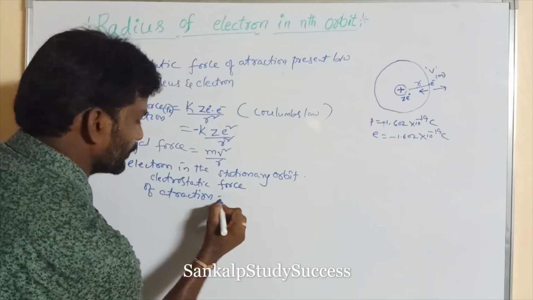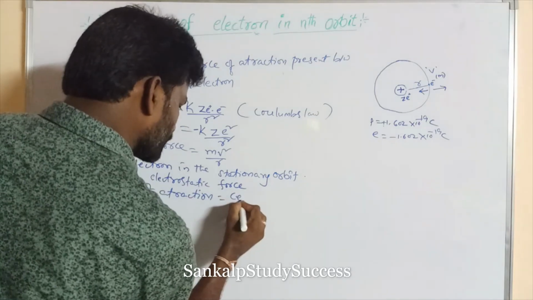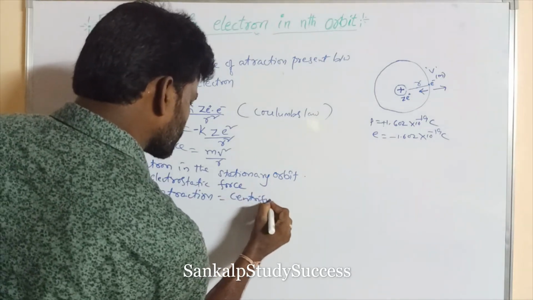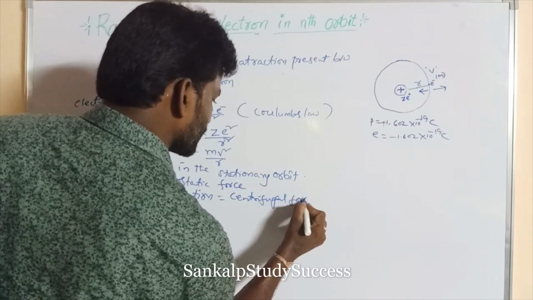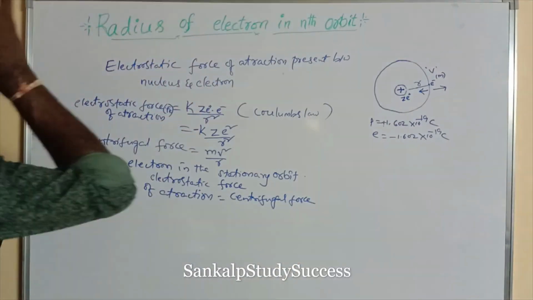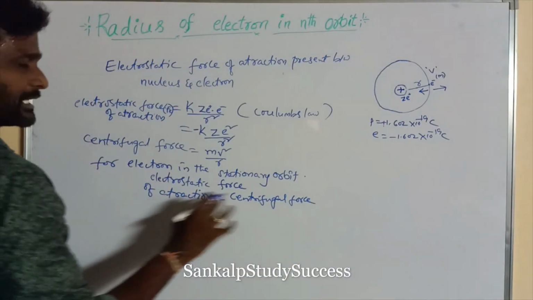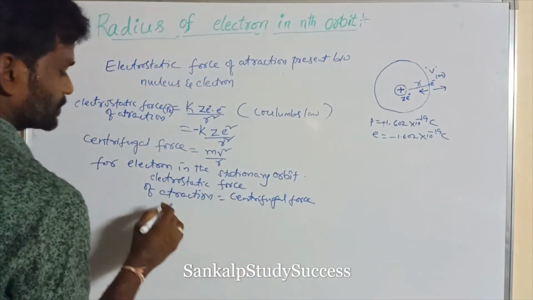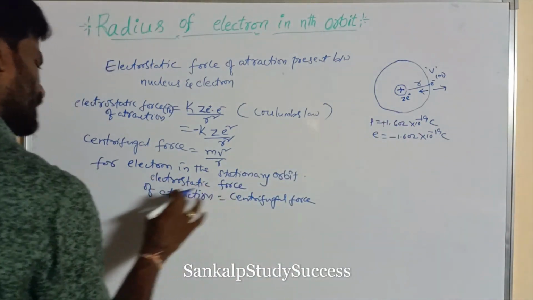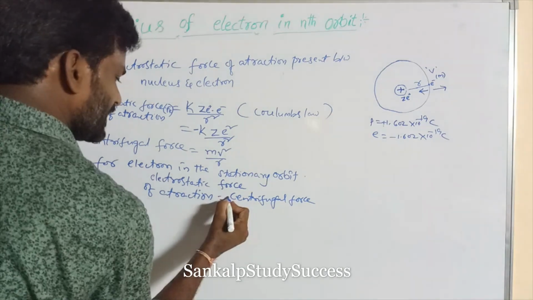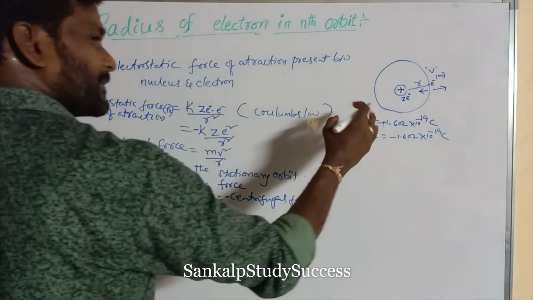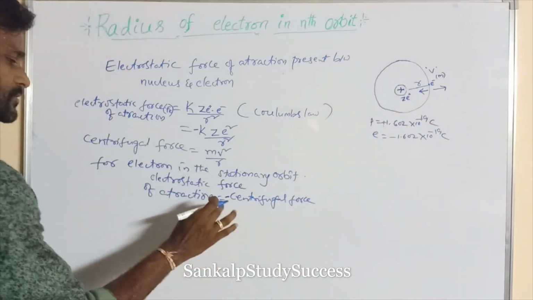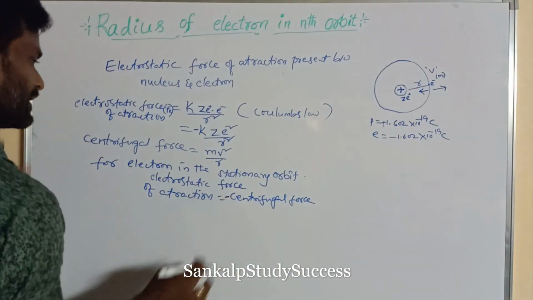Both are present in opposite directions, so the electrostatic force of attraction is equal to minus centrifugal force. The forces are equal, but the direction is opposite, so a negative sign can be taken.